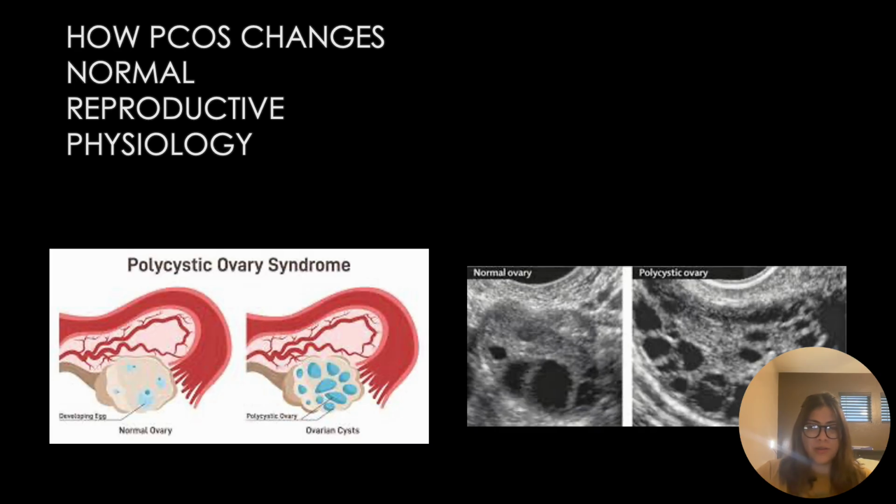I don't know if you can see my mouse, but on a normal ovary, there's just a few and they're pretty big. And then on the PCOS ovary, it's a chain of a bunch of immature follicles. So overall, PCOS causes hormone imbalances, lack of ovulation, and altered ovarian function, which affects fertility, menstruation, and our metabolic health.